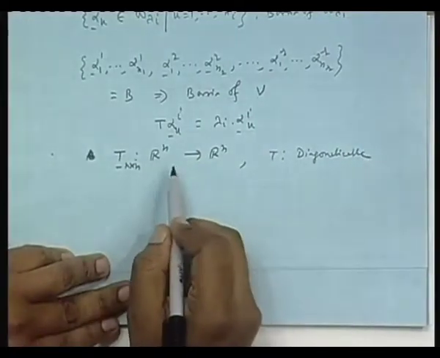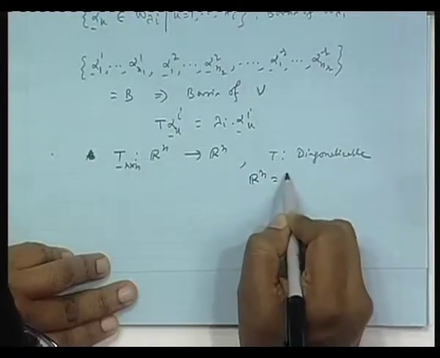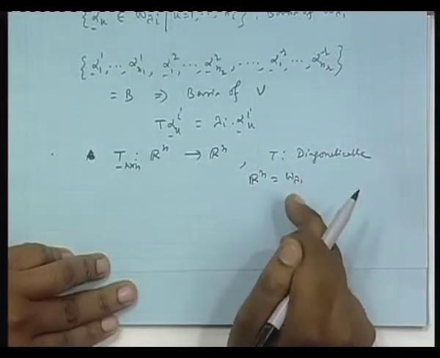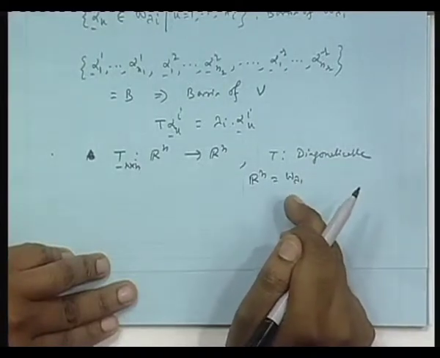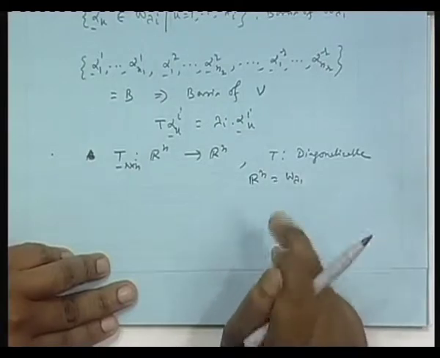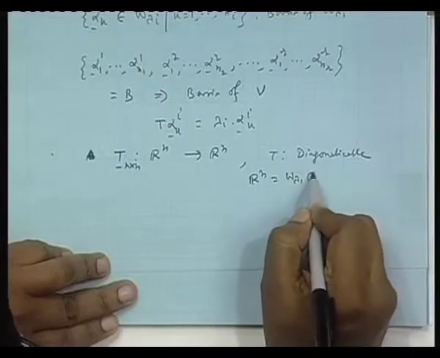It is given that T is diagonalizable, that is R n, the vector space, can be written as W lambda 1, which is the eigen subspace corresponding to the eigenvalue lambda 1. It will consist of column vectors of length n cross 1 each. Each is an eigenvector of T corresponding to the eigenvalue lambda 1.